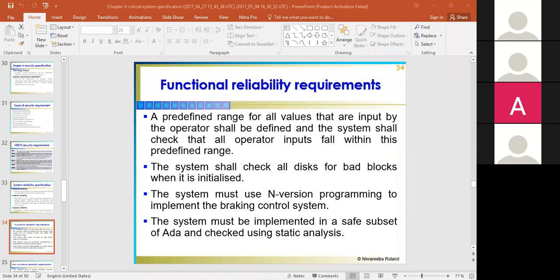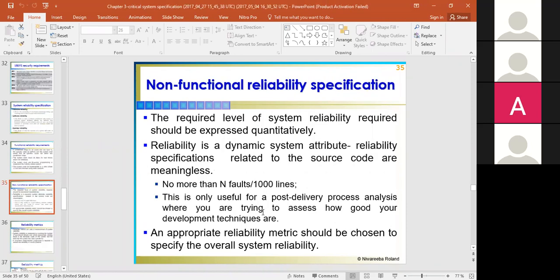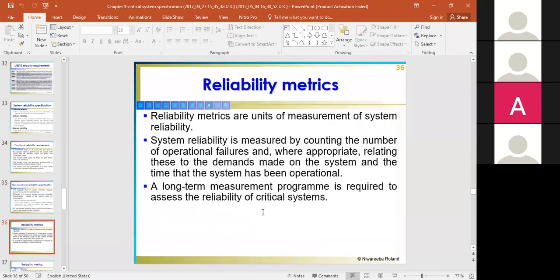So you'll check those pages for a proper definition, because here is really just explanation. Same thing with the non-functional here. The required level of system reliability should be expressed quantitatively, and we shall see that ahead. So here it's just more explanation, but for a proper definition, please check the pages I've given you.